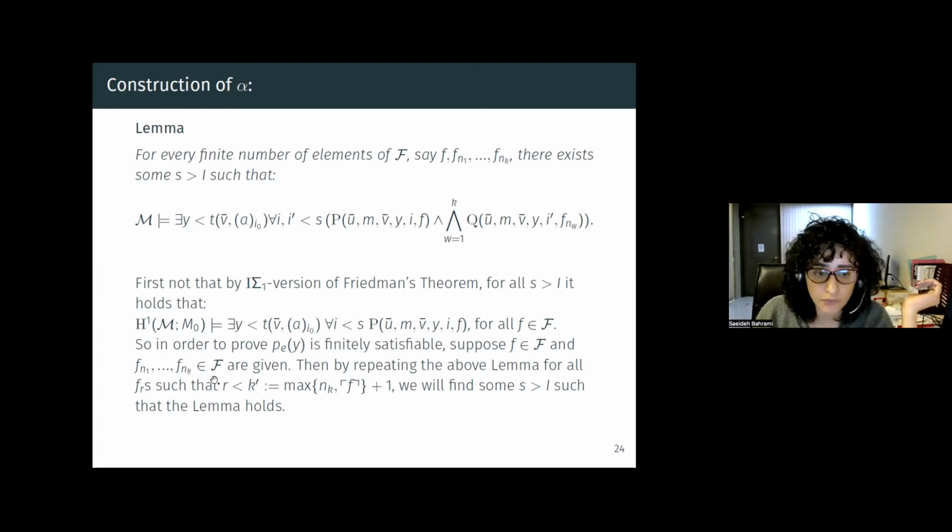This lemma holds for all of these frs. So we will find some s which is larger than I, and the lemma holds for all of these frs.